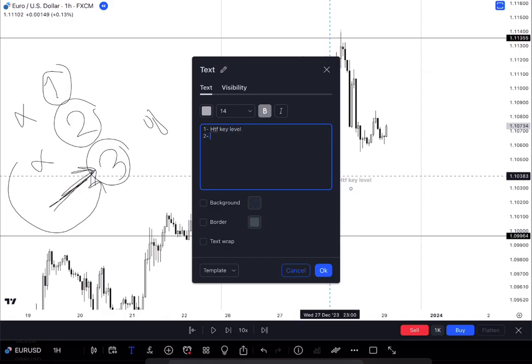Number 2, time of day, day of week, week of month, etc. And if you don't confirm a valid higher time frame key level, then the idea is invalid. It's not high probability. If the time is not right, then it's not high probability. So if 1 and 2 aren't in agreement, then 3 is irrelevant.